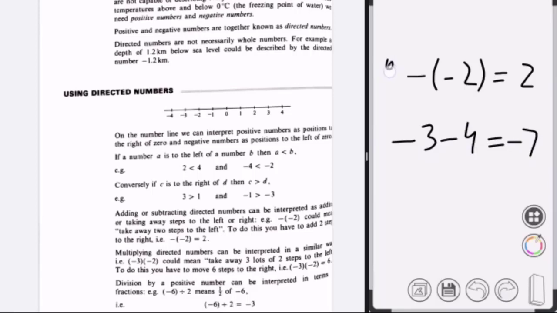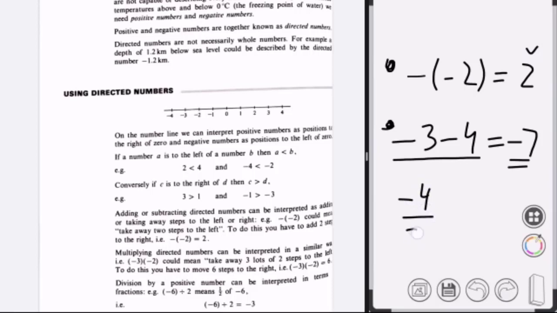Keep in mind this multiplication, addition or subtraction. Most of the time students make mistakes. When two values are subtracting, you add the values and the sign will be negative. But when two negative signs come together, it will become positive. Same rule for division.